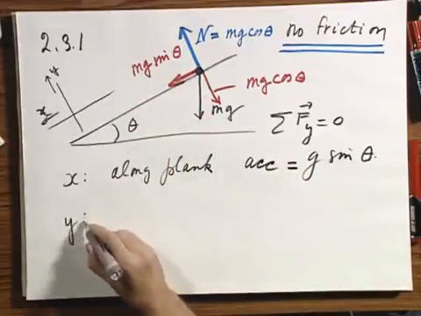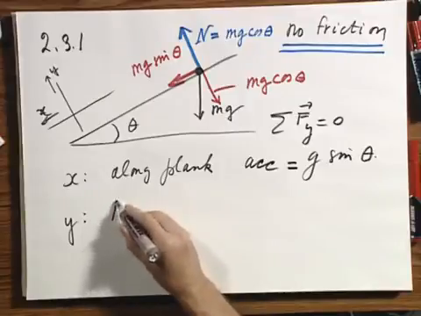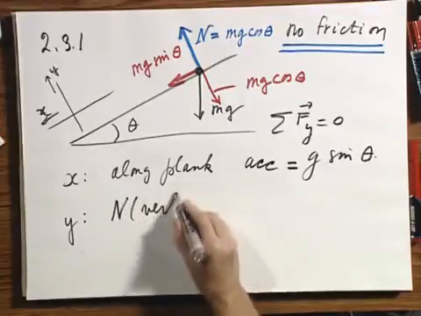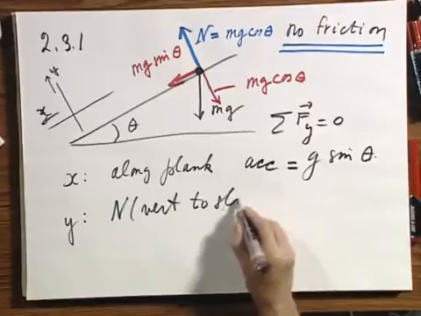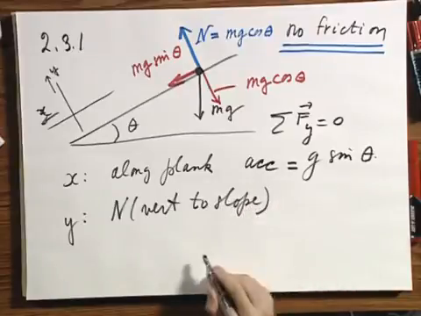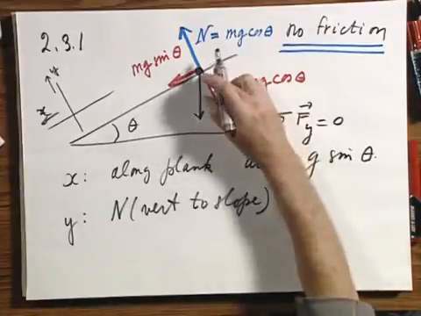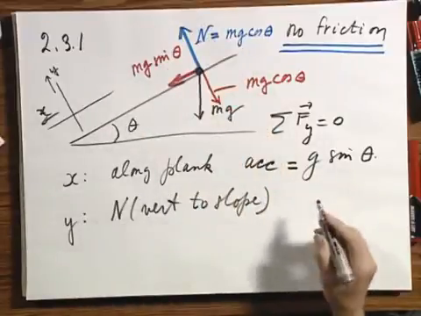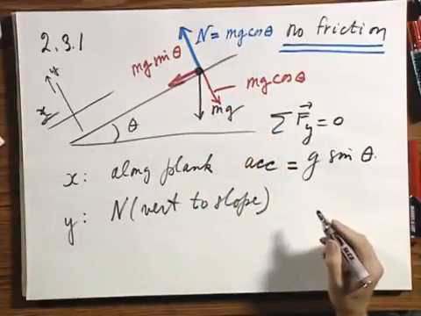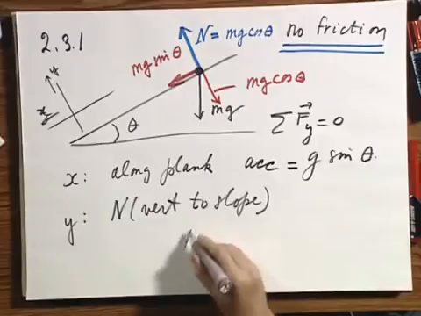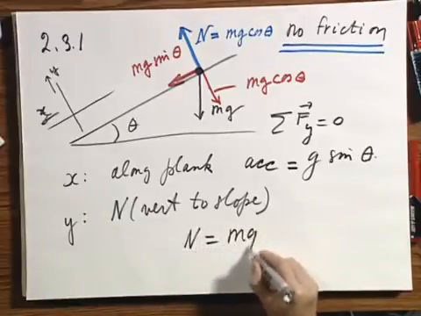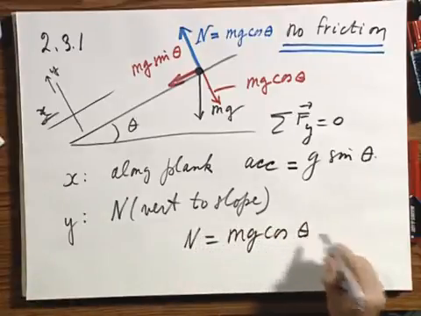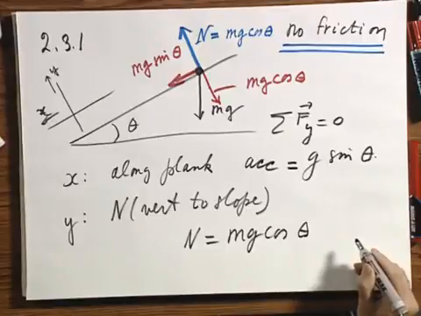In the y direction, n, which is perpendicular to the slope, is the reaction force from the slope onto the object. We know that n equals mg times the cosine of theta.